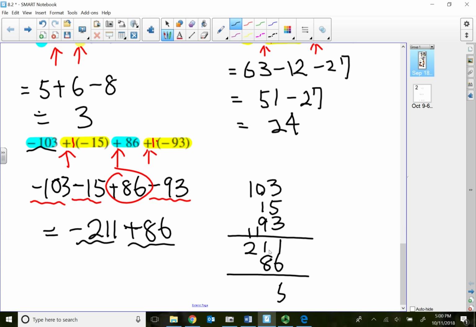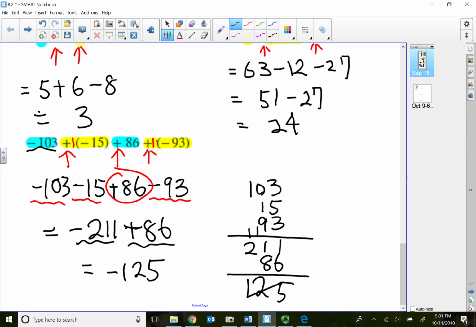And the 2 got borrowed earlier, so that will be 1. So that will be 125. Would it be positive 125 or negative 125? Well, because I got more negative terms than positive, my answer will be negative 125.